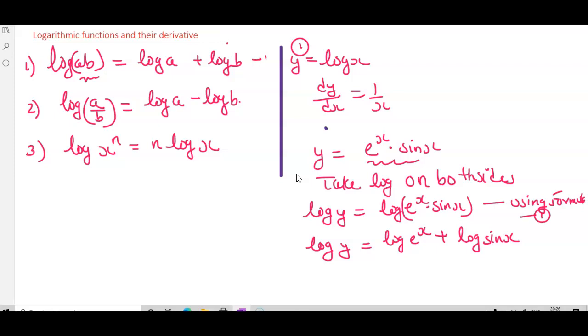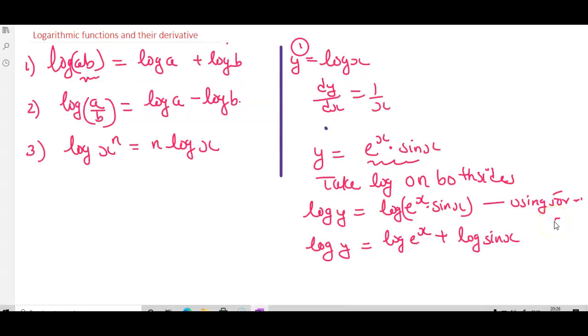from equation first. Let me mark them as equation first, equation second, equation third.